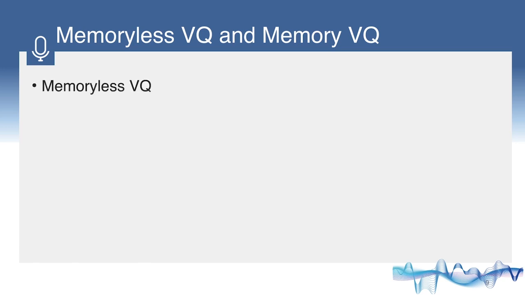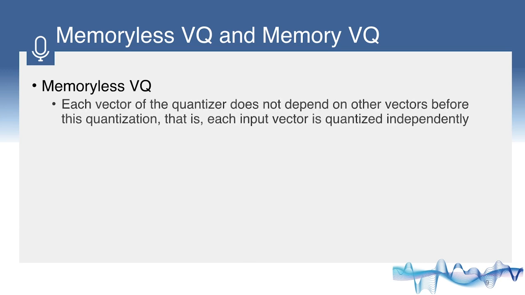VQ methods can also be classified into memoryless VQ and memory VQ. As to memoryless VQ, each vector of the quantizer does not depend on other vectors before this quantization. That is, each input vector is quantized independently. The structured VQ and product VQ belong to memoryless VQ.